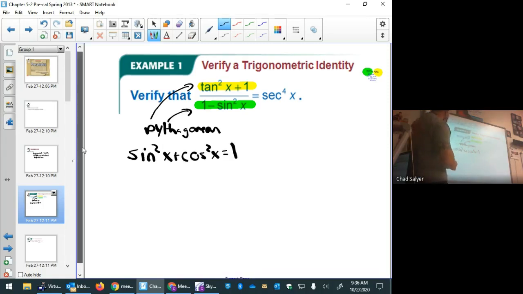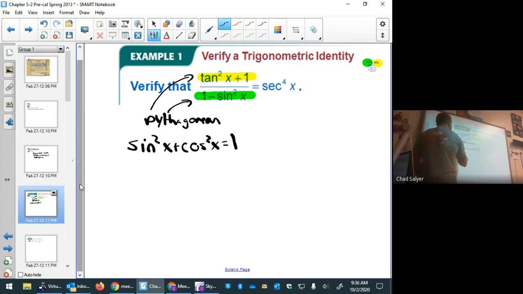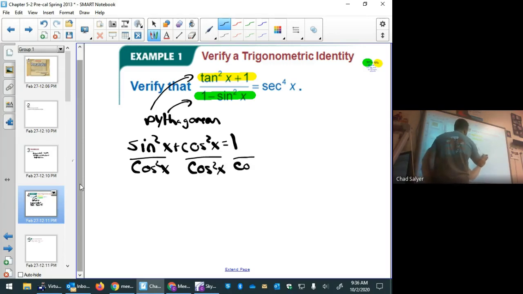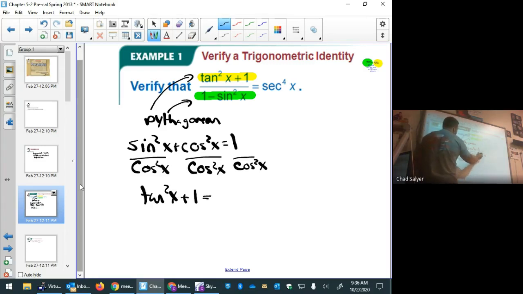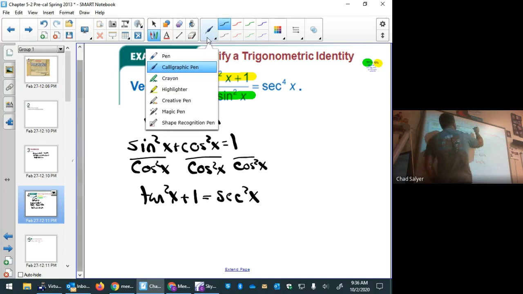We want something that includes the tangent. The tangent is the sine over the cosine. So if I divide every term by cosine squared x, the result will include the tangent squared x. And 1 over the cosine is the secant. So I can rewrite that numerator as secant squared x.